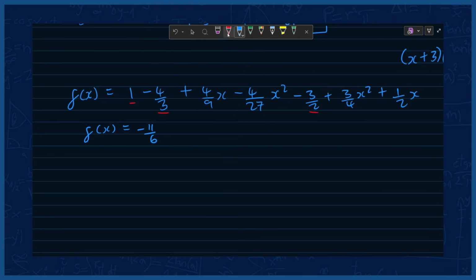And then for the terms in x, I've got 4 over 9 plus a half. So 4 over 9 plus a half, that is 17 over 18 x.